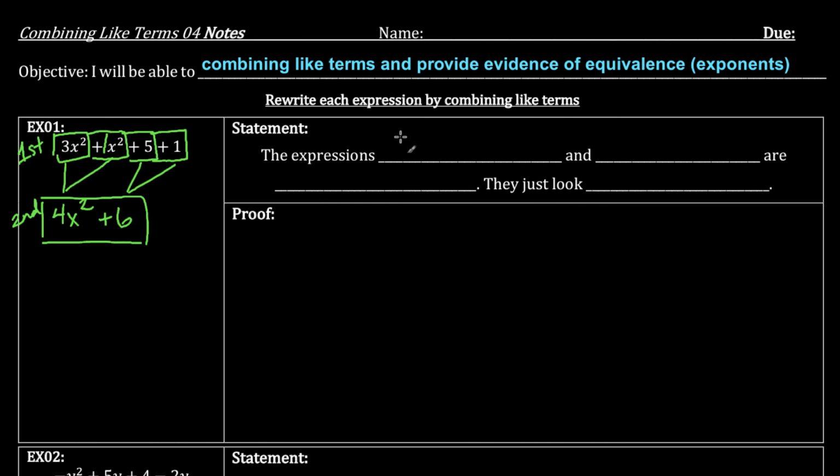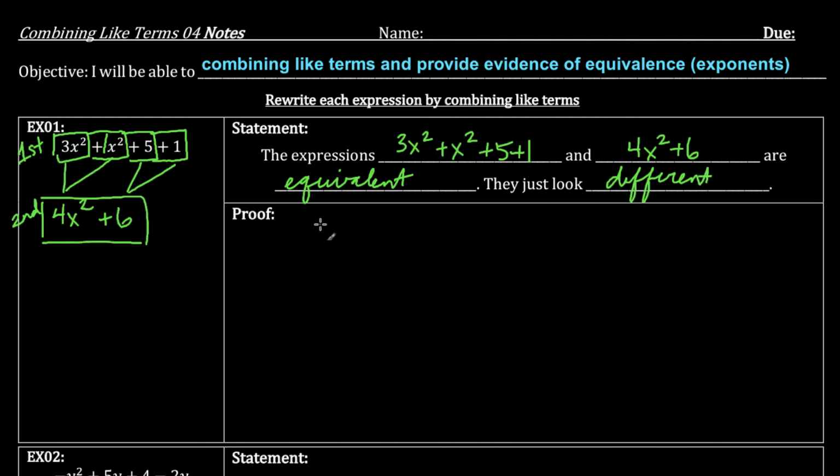So the expression 3x squared plus x squared plus 5 plus 1, this whole thing, is an expression. And 4x squared plus 6, this expression, are equivalent. They just look different.